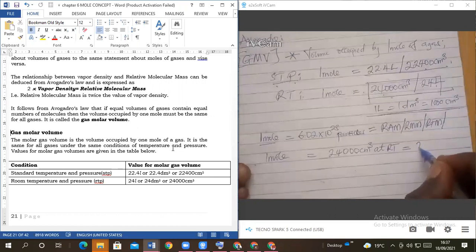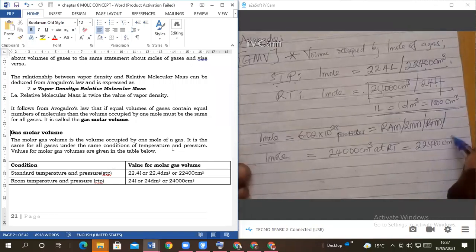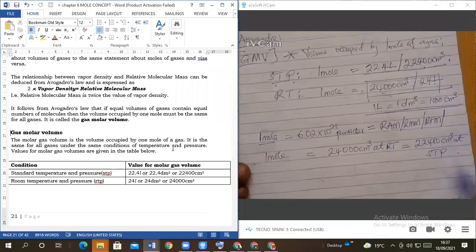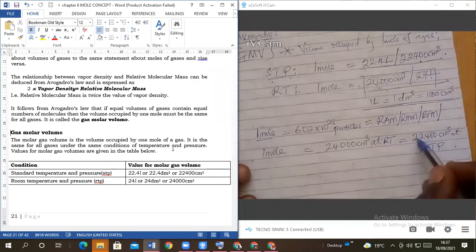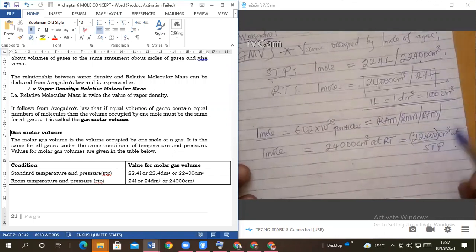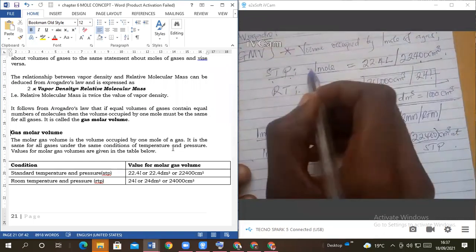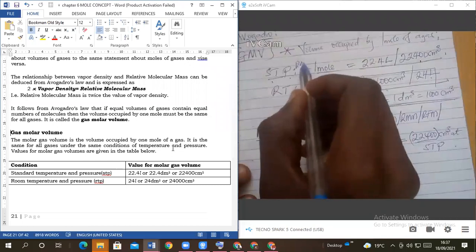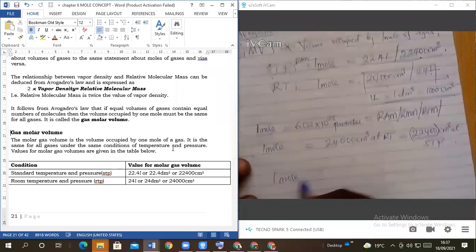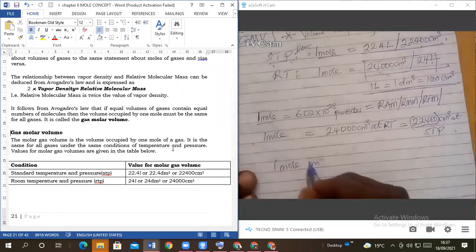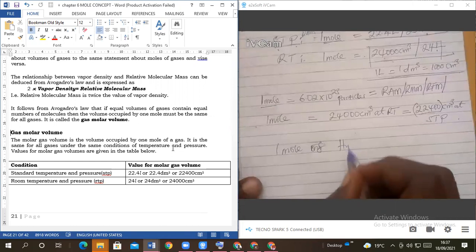It is also equal to 22,400 cubic centimeters at STP. So what 1 mole of a gas can occupy, you know that 1 mole of a gas is also equal to the relative atomic mass of any given substance. So if they say 1 mole of maybe hydrogen.